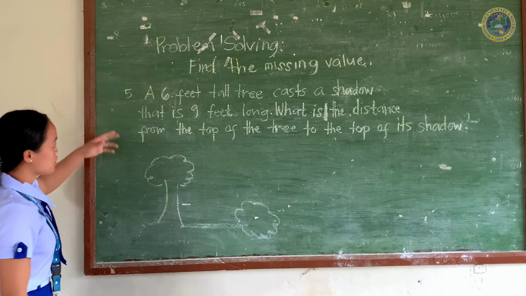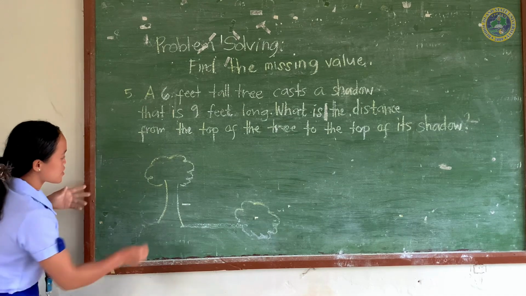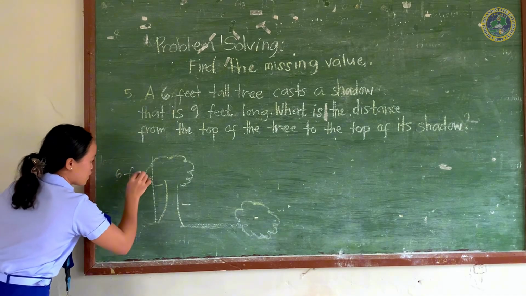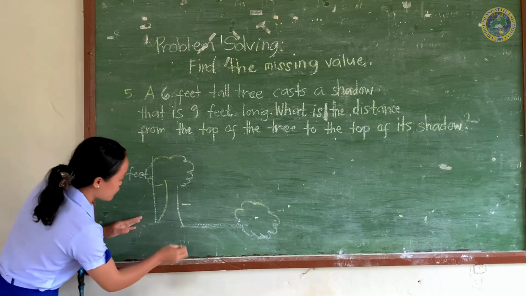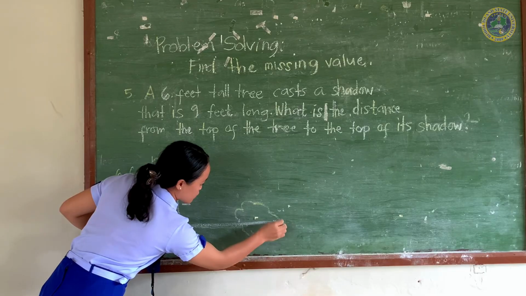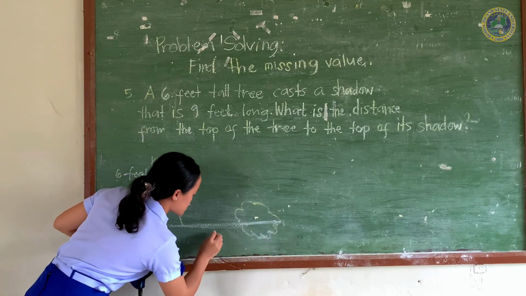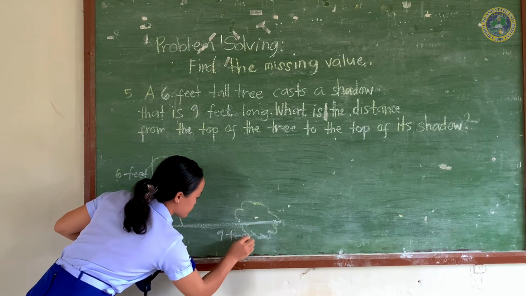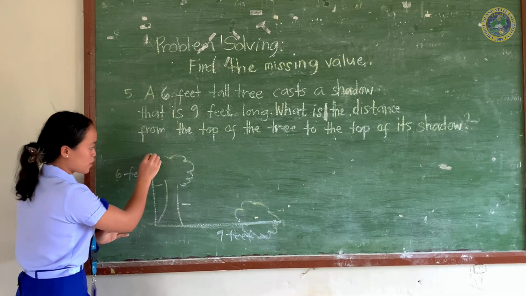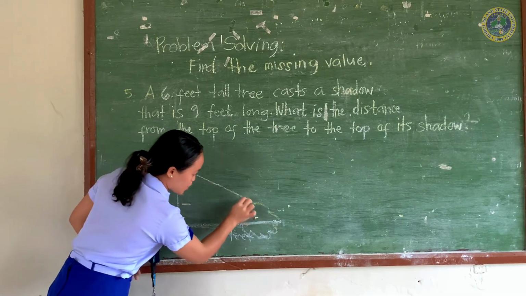So given here, the tree is 6 feet. So this is 6 feet. And it has a shadow of 9 feet. So this is 9 feet. And this is the missing line from the top of the tree to the top of its shadow.